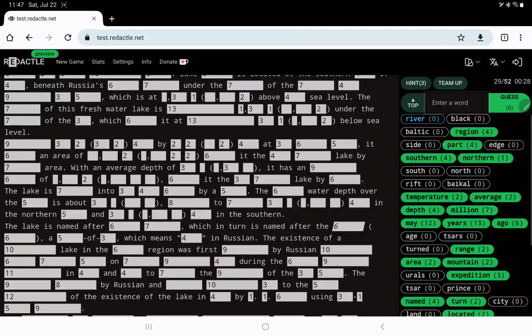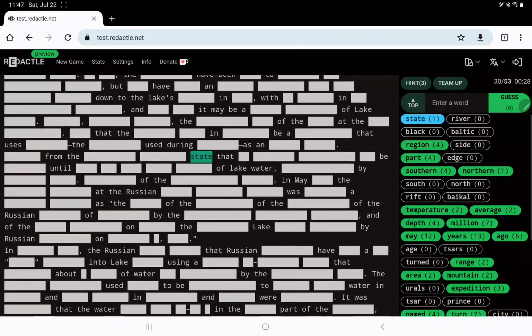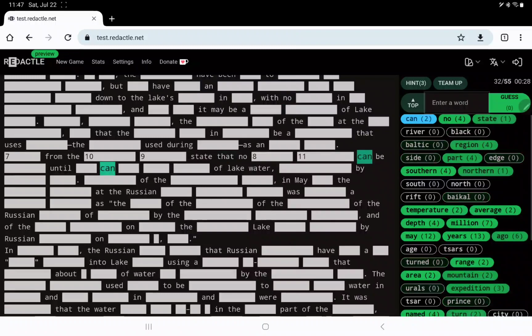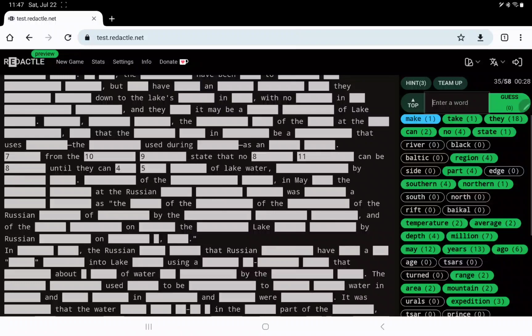What do they call their provinces in Russia? State? Seven? From the, oh, I think that state is a verb. That no something can be blank until they can take, make, no, something blank of lake water.